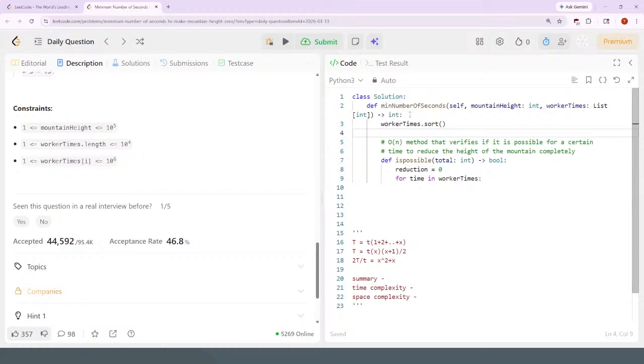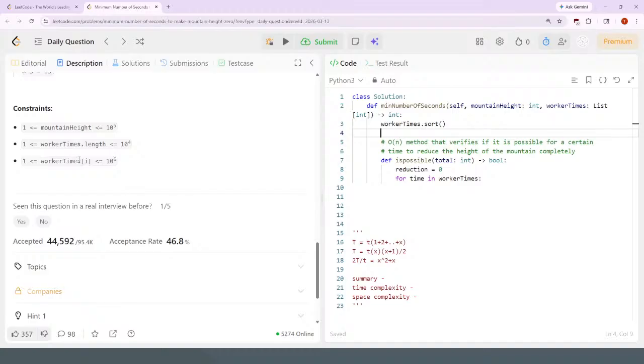I wonder if I can do a heap here. Could do a heap maybe. For each worker, add in the reduction to the heap, and then just keep on pulling out the lowest value in the heap each time, until I get to the number of reductions that I would need.